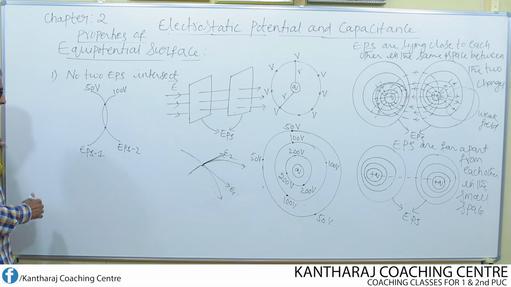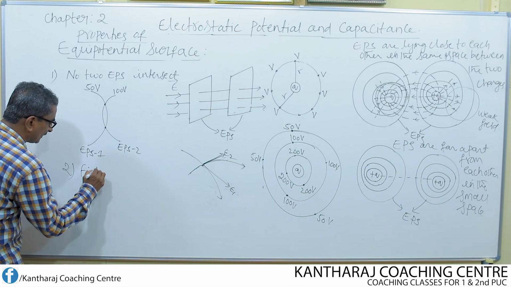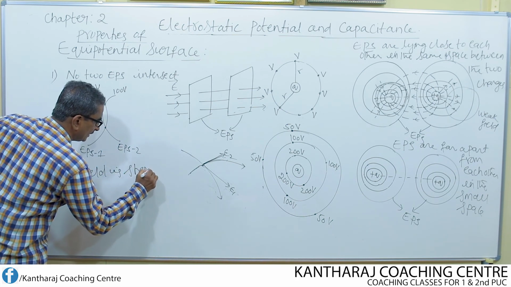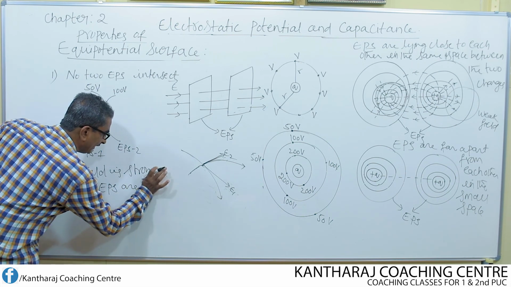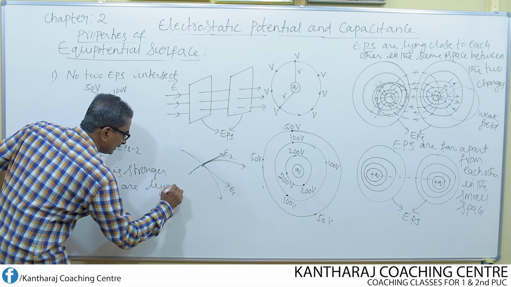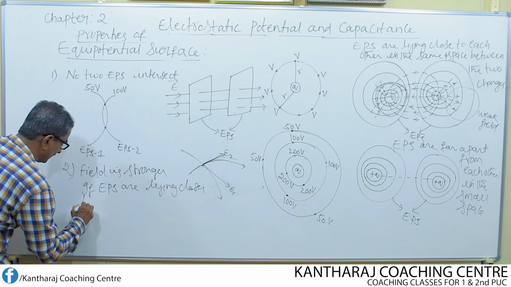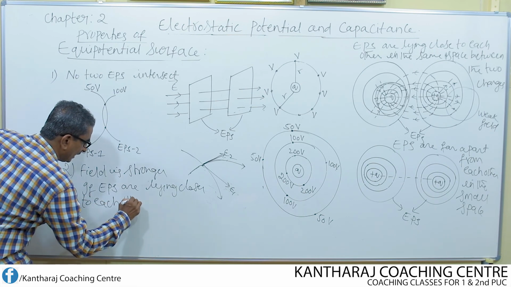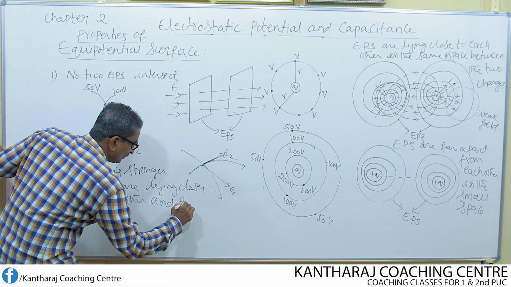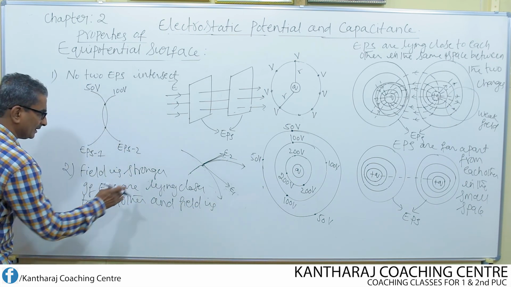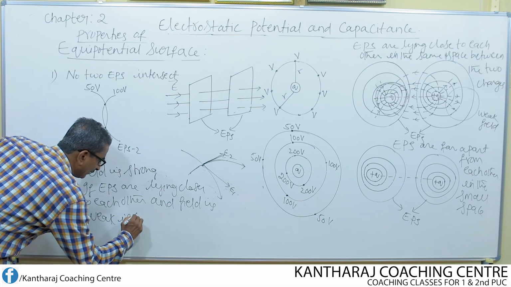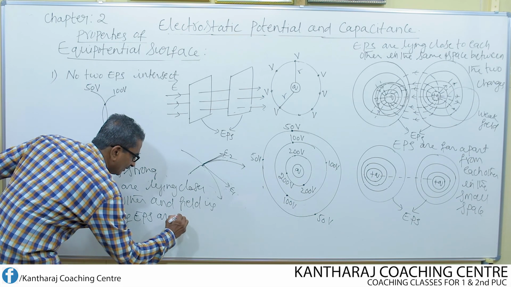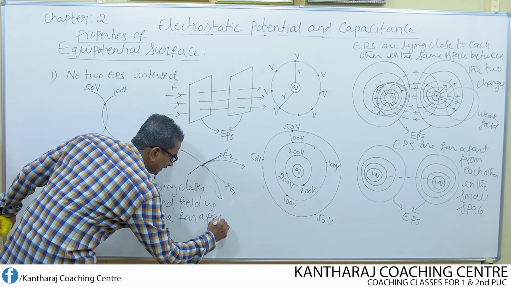This is one property. And the second property is: field is stronger if equipotential surfaces are lying closer to each other, and field is weak if equipotential surfaces are far apart from each other.